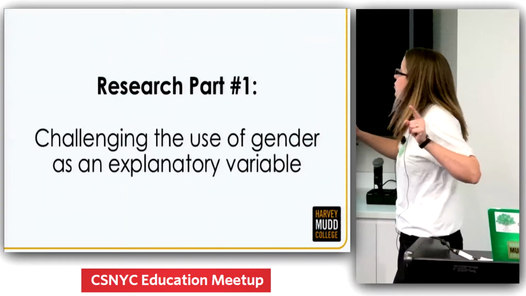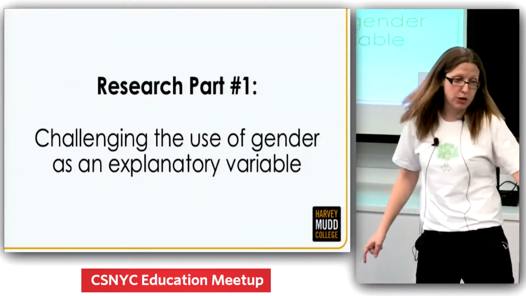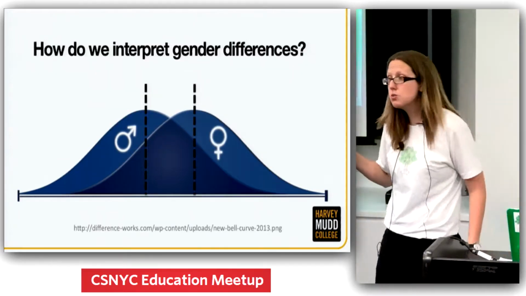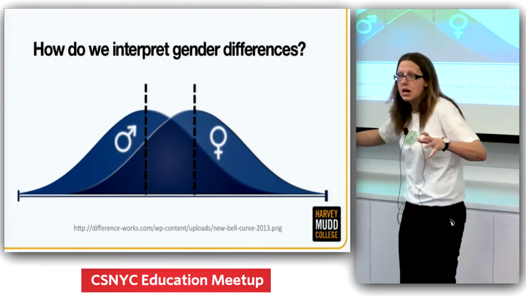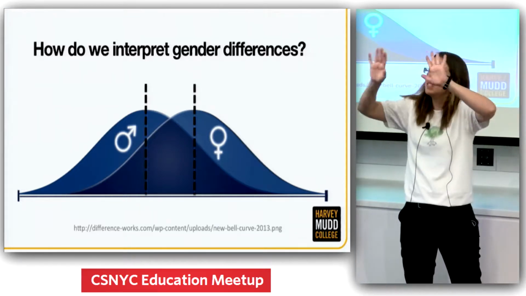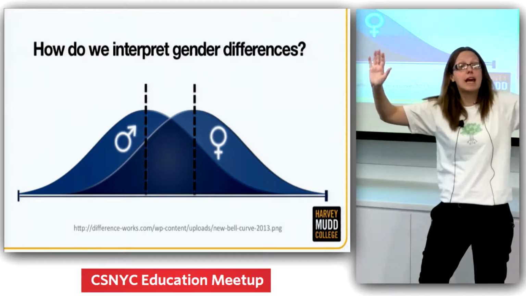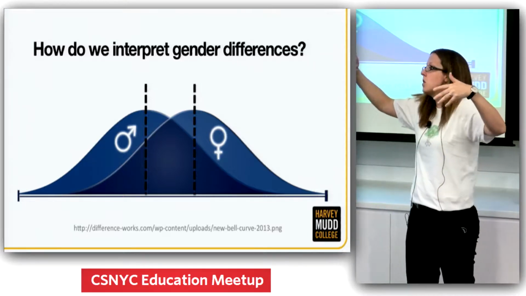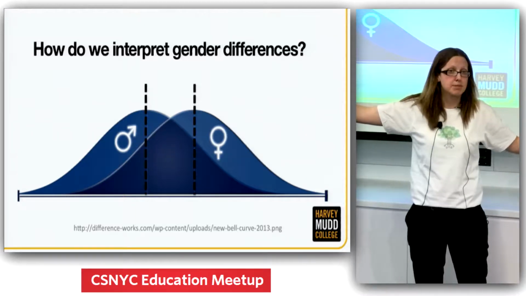Okay, so, challenging the use of gender as an explanatory variable. It's a really common thing to say, boys and girls are different in this way. Boys tend to be more active, say, as one example.